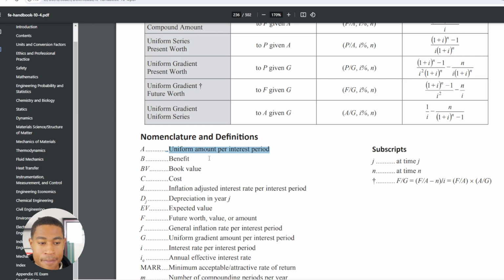For example, A would be the payment you make on your mortgage over the 15 or 30 years that you took out on it. It would be that monthly payment. Say it's $1,000, then your A would be $1,000 for the next 15 years. It's that uniform, same payment over a period of time.